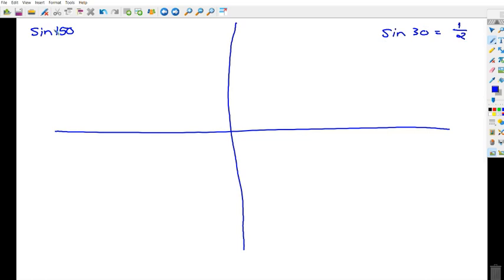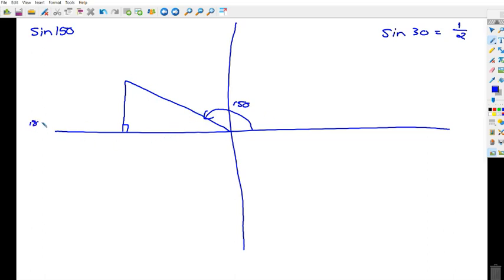What are you going to do? Firstly, let's visualize. Where am I? I'm going to draw my 150. I'm going to draw my triangle, and this is my 150 degrees. And I'm going to ask myself, how far is this line, my hypotenuse, from the closest horizontal?